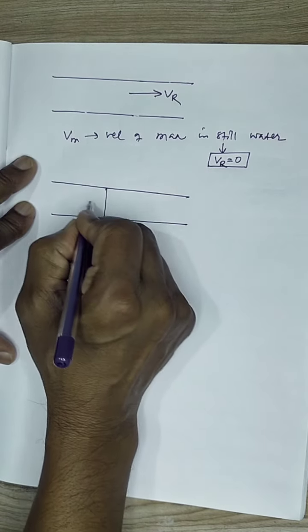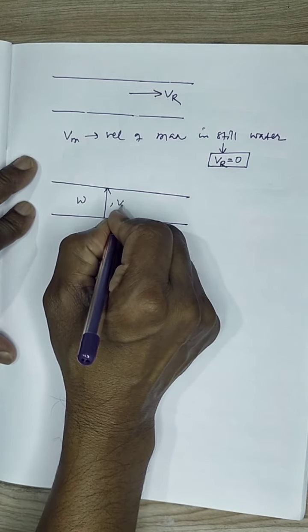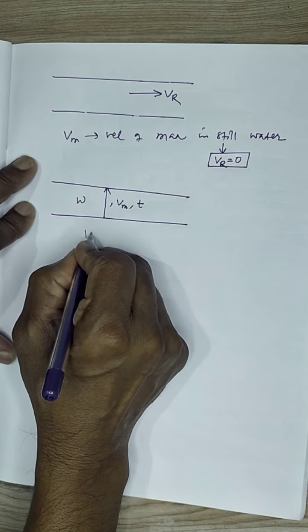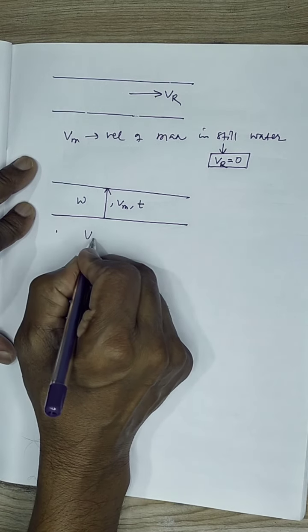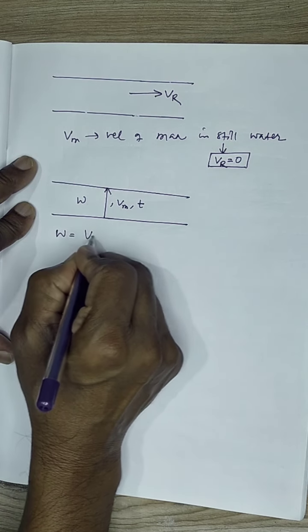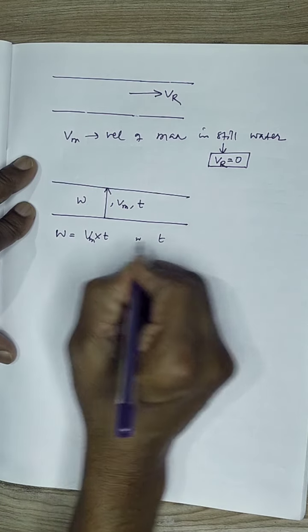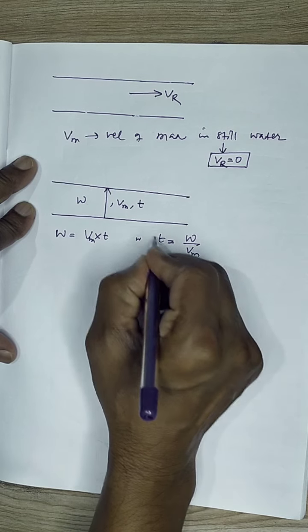In that case, while crossing the river of width W, velocity of man is Vm and time it takes is t. Then W becomes Vm into t, so t is equal to W by Vm.